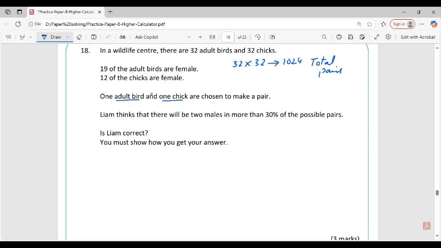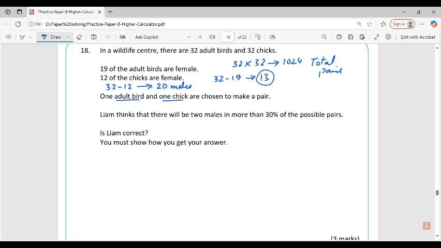Now, when it comes to finding the males, we need to know that 32 minus 12 gives us 20 male chicks. And 32 minus 19 gives us 13 male adults.